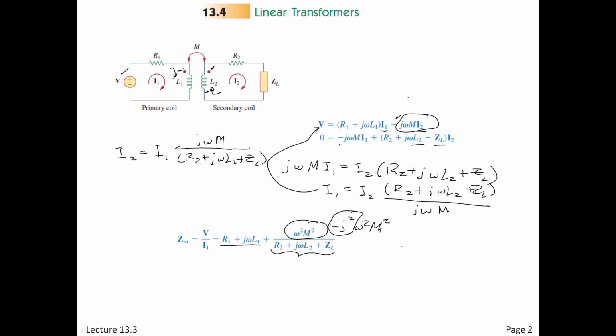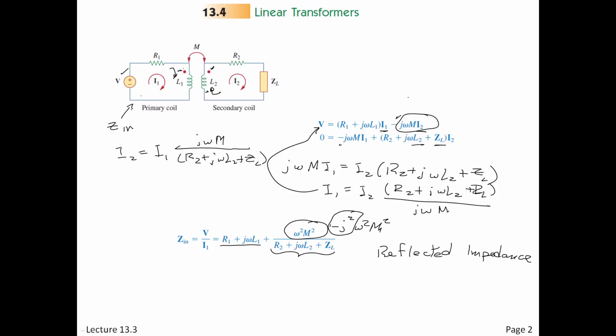This is called reflected impedance. It's how the whole load, transformer and everything looks to anything way back here at the input. Zin is back here.